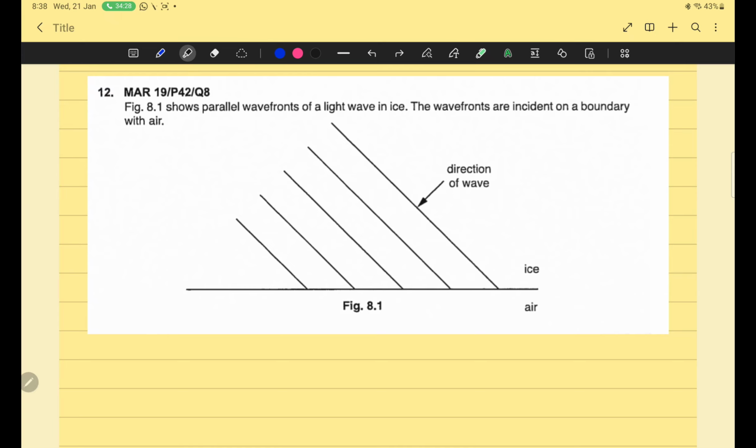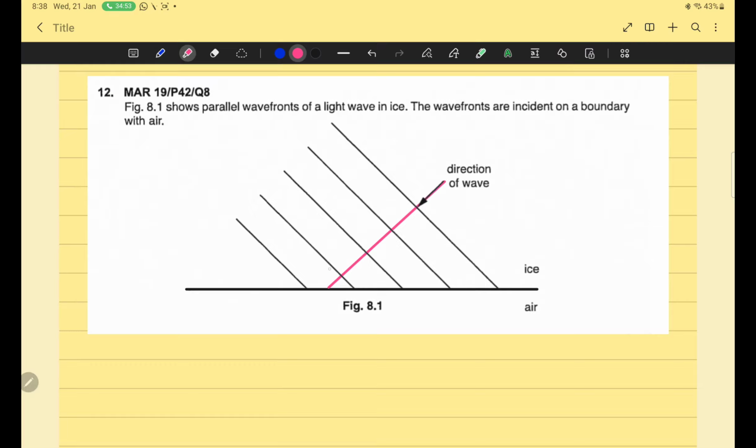But Arisha, can you tell me, when light is traveling from glass into air, will the speed of light increase or decrease in air? Yes, because the speed of light is fastest in air or in vacuum.